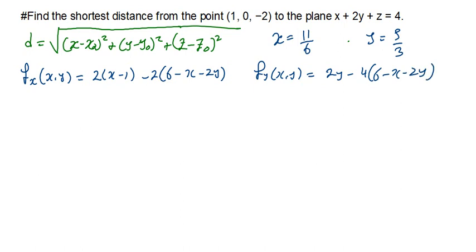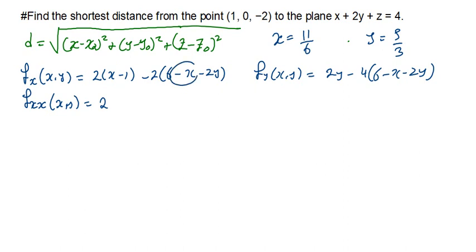So to find the second partial with respect to x, what are you going to get? In here you're going to get a 1, so that would be like a 2 here.